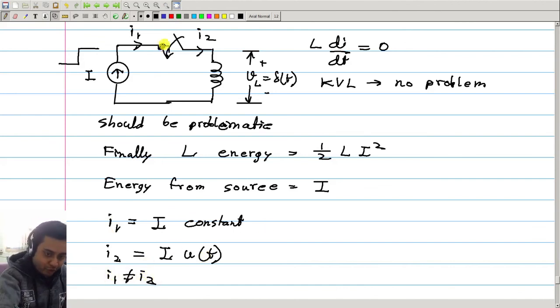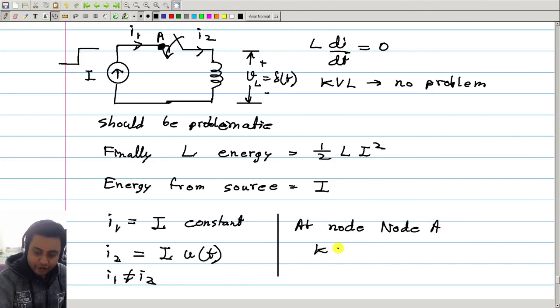If you consider KCL at this point, call it node A, KCL is violated.